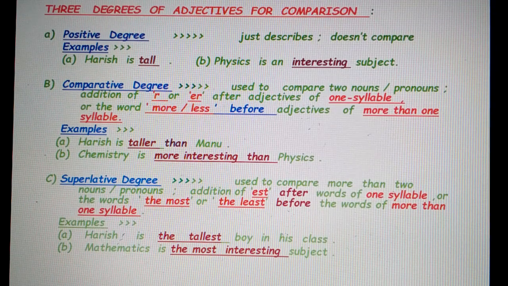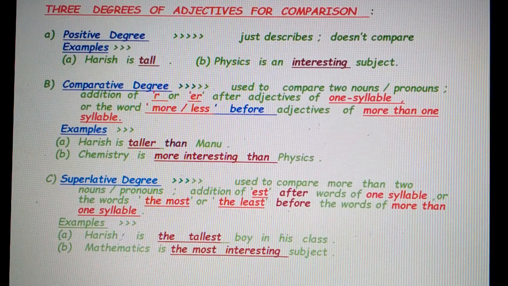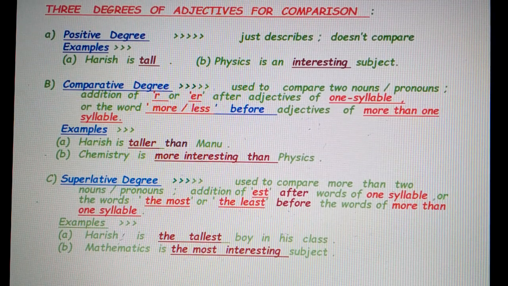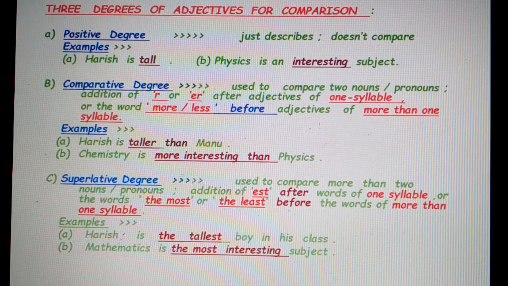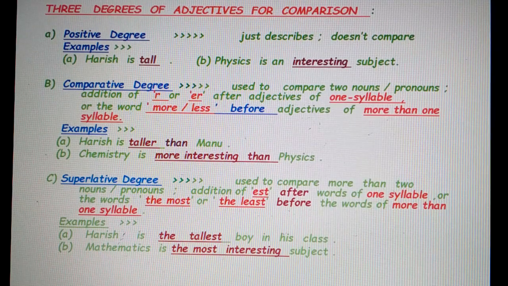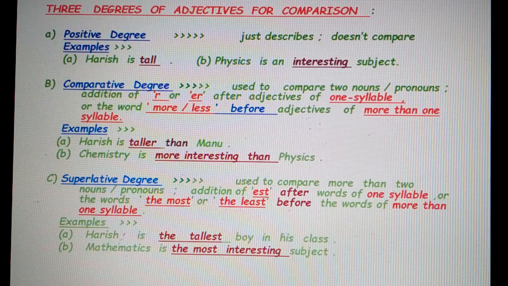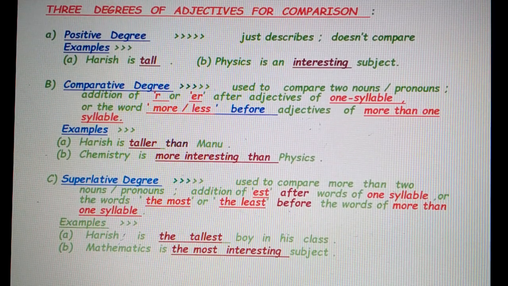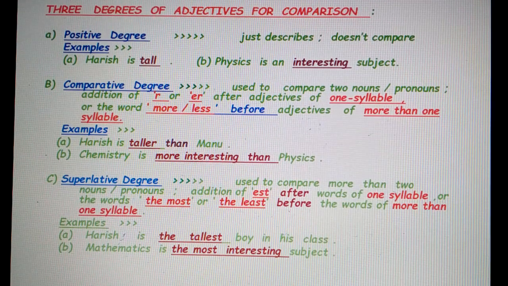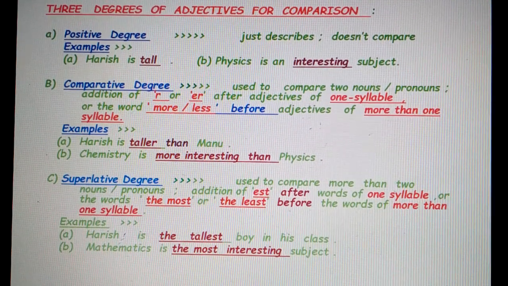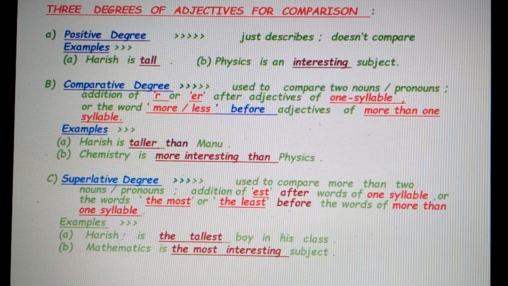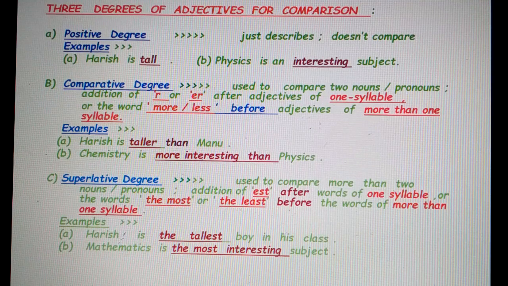The next sentence. Chemistry is more interesting than physics. Two subjects are being compared here. Chemistry and physics are being compared. And what is found to be more interesting than what? Chemistry, definitely. When studied, a person found chemistry to be more interesting than physics. Now, more interesting. See the word interesting. More than one syllable word this is.